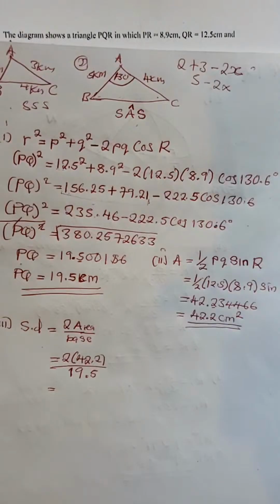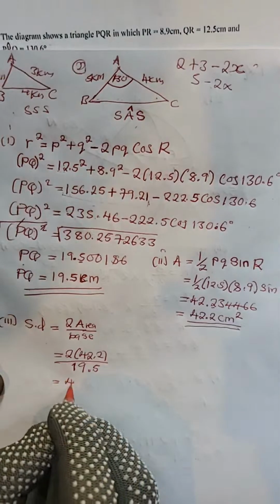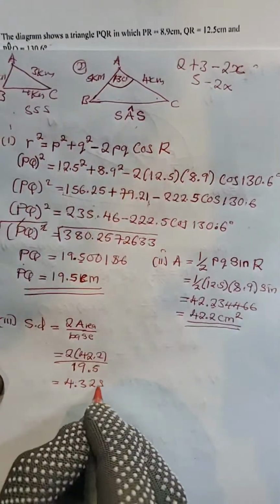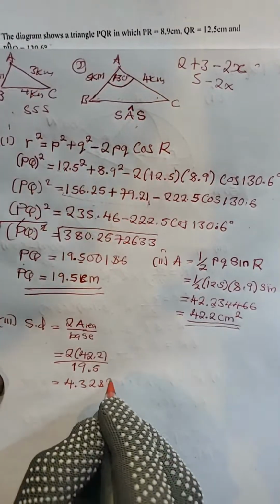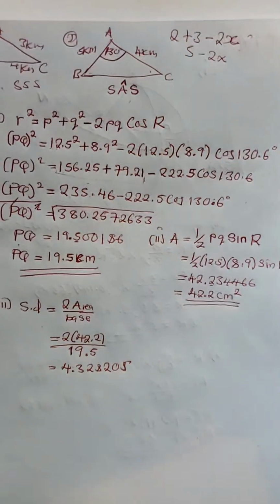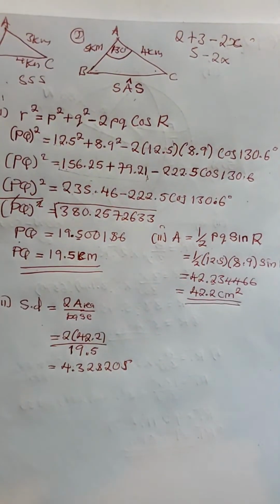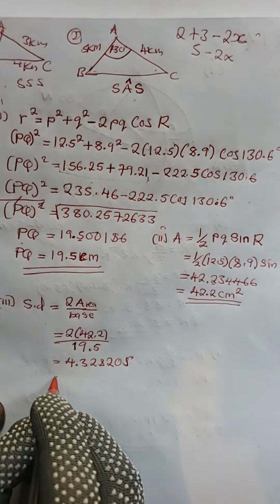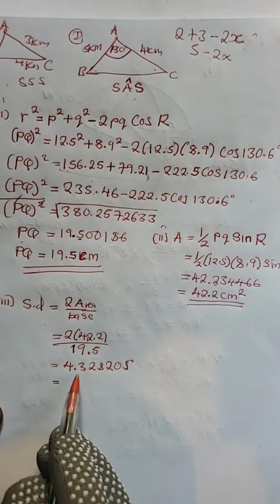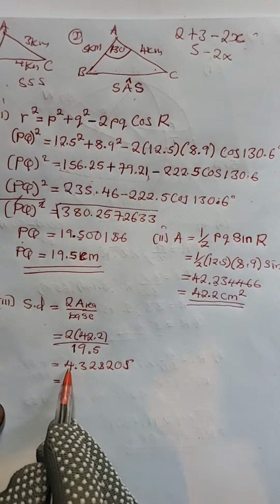This is giving me 4.32828205. All right, remember what we've been dealing with. Leave your answer correct to what? To 3 significant figures.